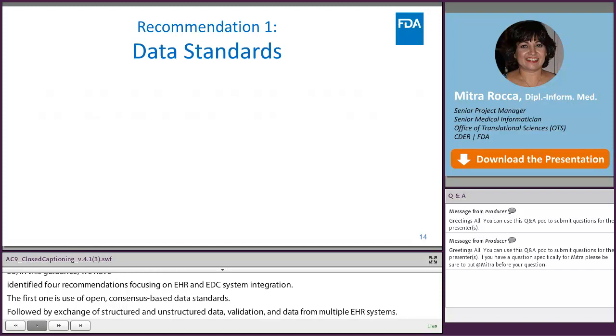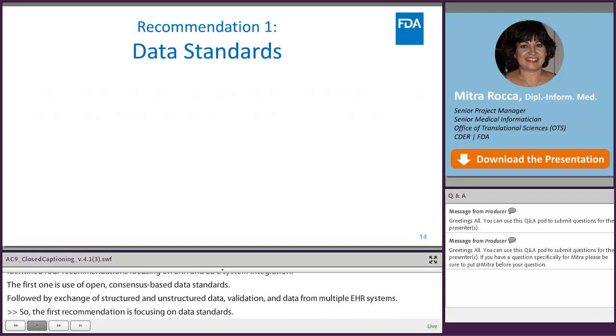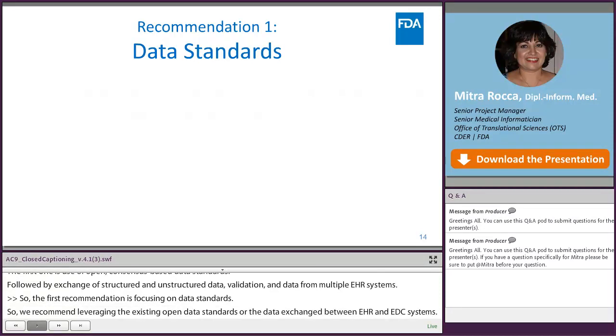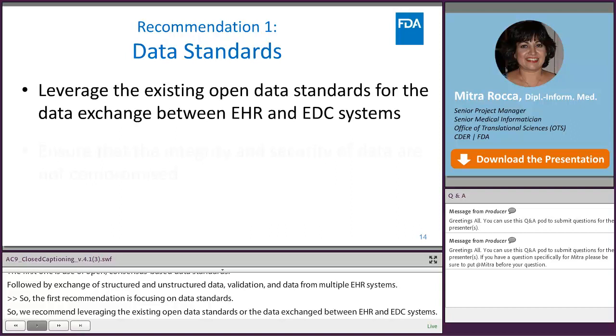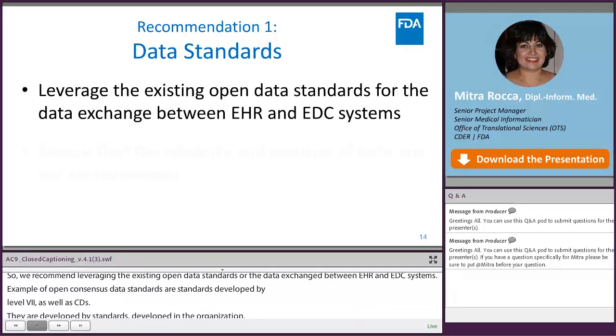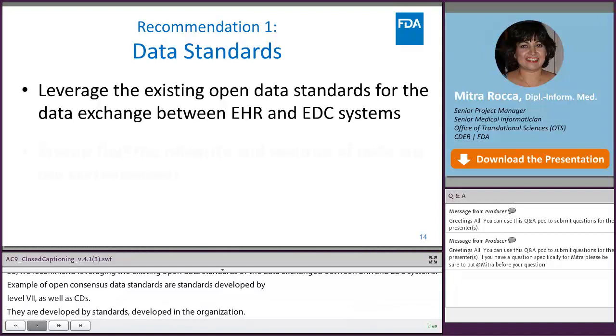So we recommend leveraging the existing open data standards for the data exchange between EHR and EDC system. Examples of open consensus-based data standards are standards developed by Health Level 7 or HL7 as well as CDISC. So they are developed by Standards Development Organizations or SDOs. Ensure that the integrity and security of data are not compromised.